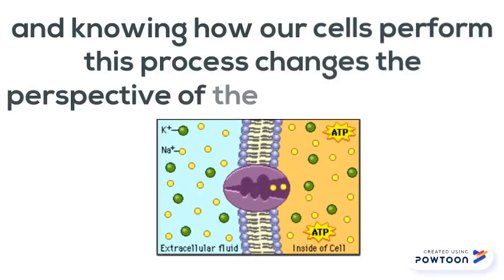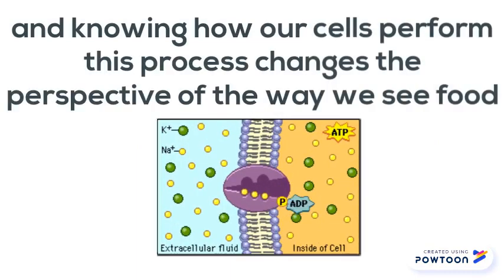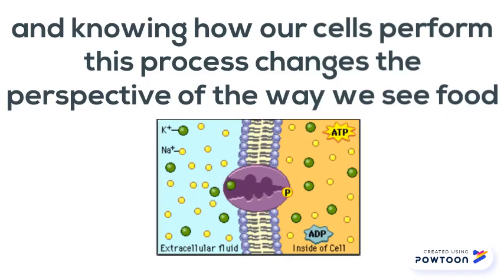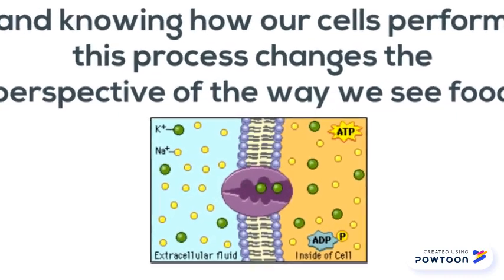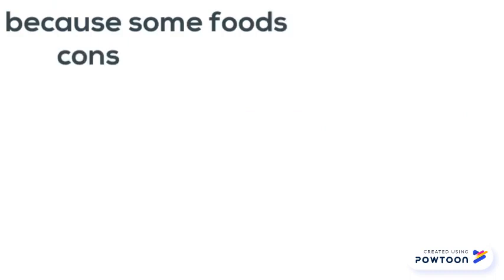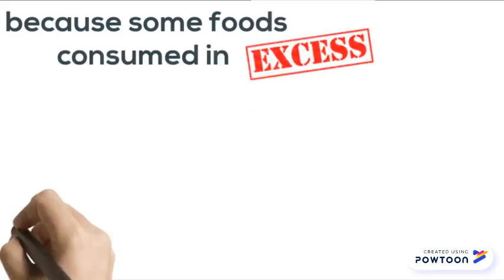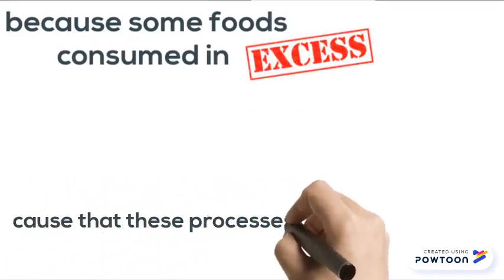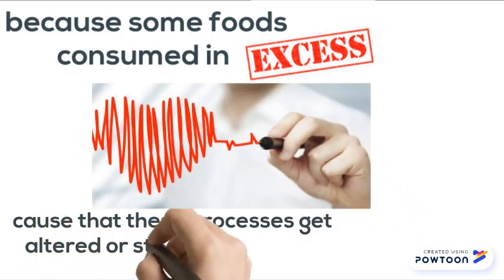Knowing how our cells perform this process changes the perspective of the way we see food. Why? Because some foods consumed in excess cause this process to get altered or stored in the body, causing many health problems.